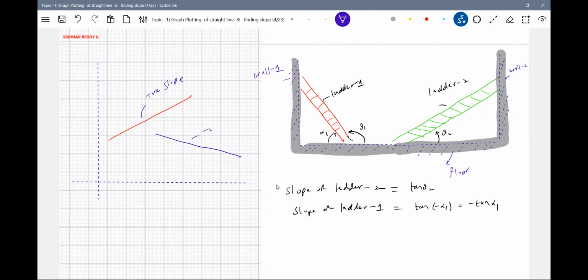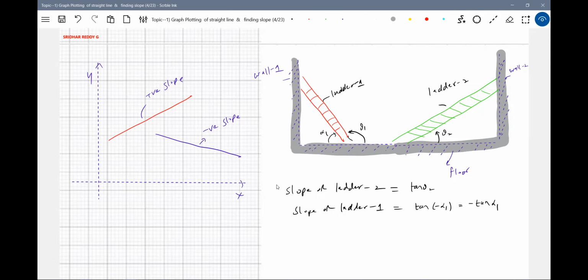Positive slope, negative slope. This idea is very, very important for us. In the quadrant, if you see a straight line like this, you can easily say that this particular red line has positive slope, this also has positive slope, and this has negative slope.